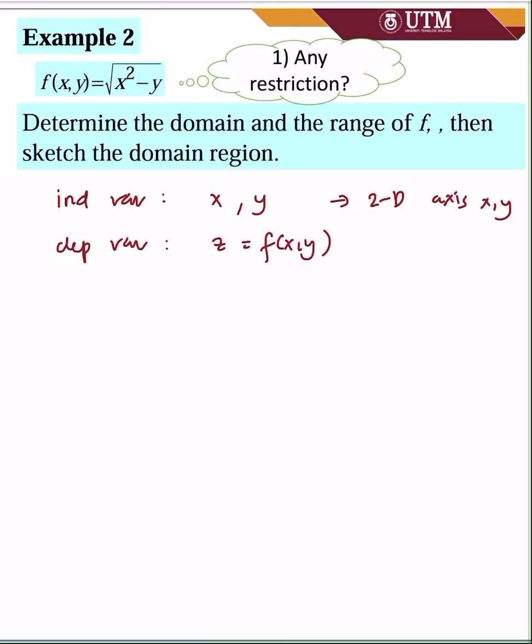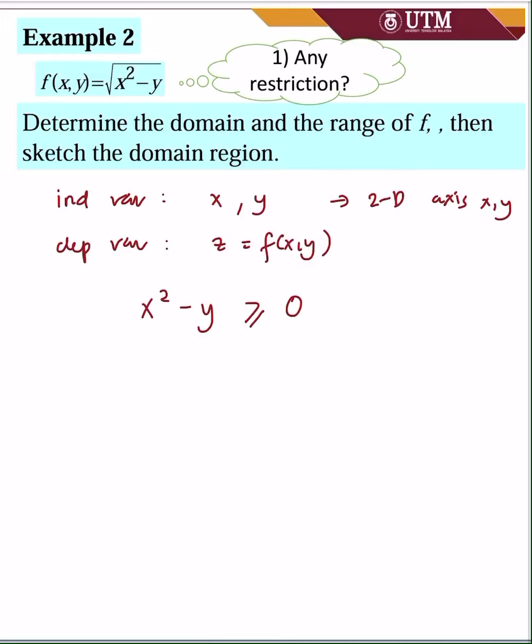The value inside the square root cannot be less than 0, meaning it cannot be negative, but it can be 0. Therefore, x squared minus y must be greater than or equal to 0.